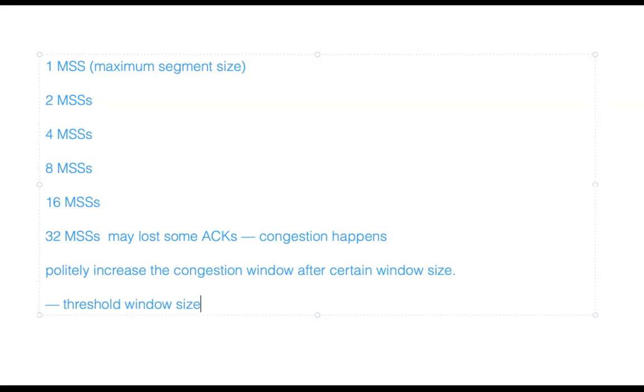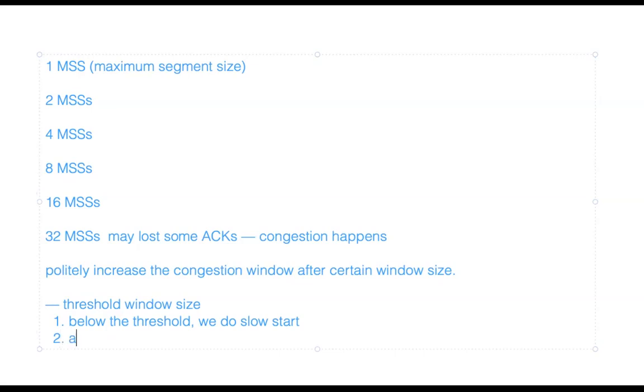This is the threshold window size. Below the threshold, we do slow start, which means we still do 1, 2, 4, 8, 16.